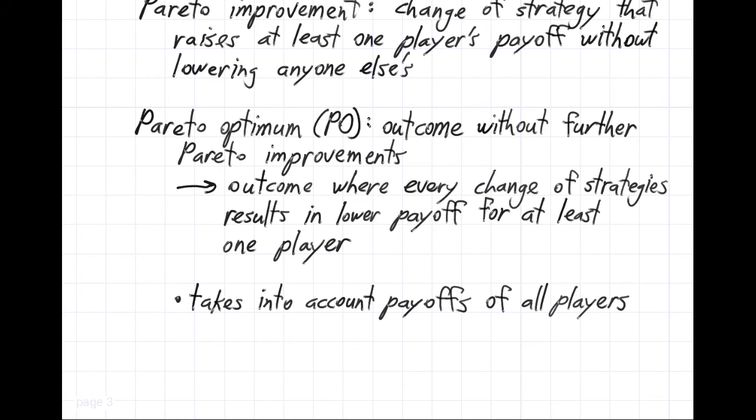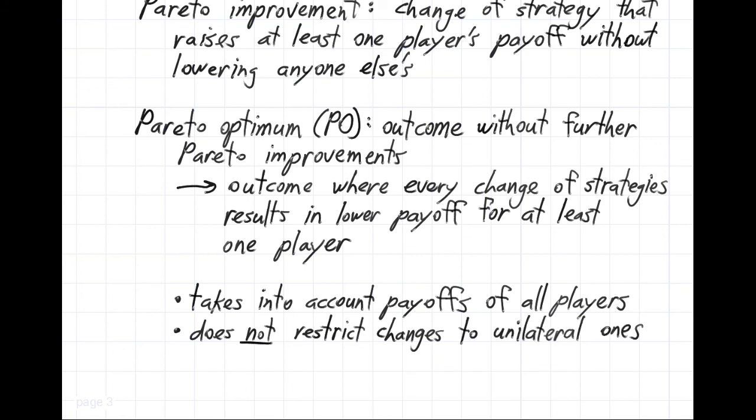And the other important thing here is that it does not restrict the changes to unilateral ones. So we're not just talking about one player changing their strategy while the other players' strategies are fixed, but rather we can change this whole set of strategies.